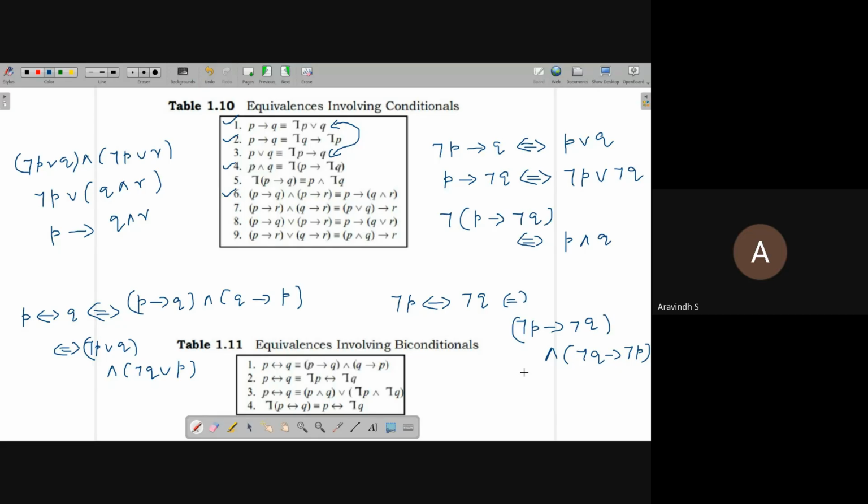Right hand side we can apply once, sir. So this is equivalent to P or negation Q, and Q or negation P. Okay, yes, very good. So these two are the same.